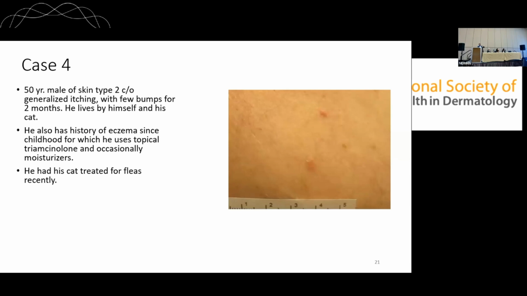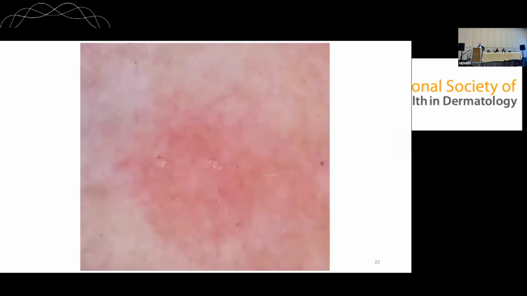He had his cat treated for fleas recently. So bug bites, yeah? Could be. And what should you guys be saying to me now? Show me the dermoscopy, right? So I showed you the dermoscopy. What do you guys think this is now? Delta sign, good. So that's scabies.